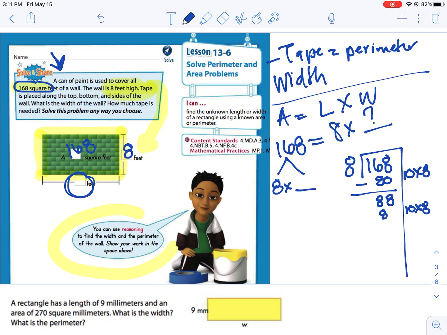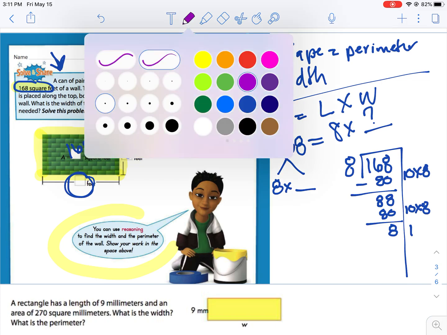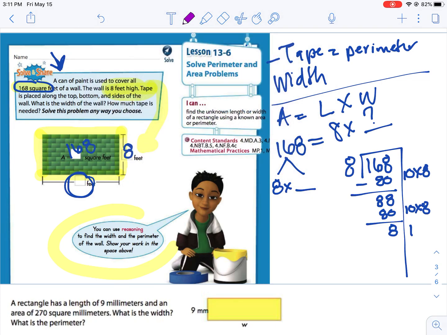So 10 times 8 equals 80, and that leaves me with 8. And 8 goes into 8 one time. So this is my answer: 21 feet.